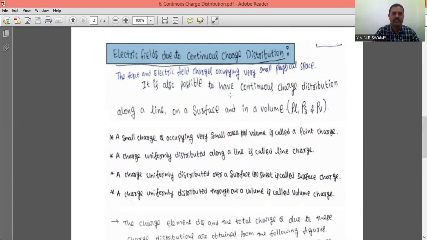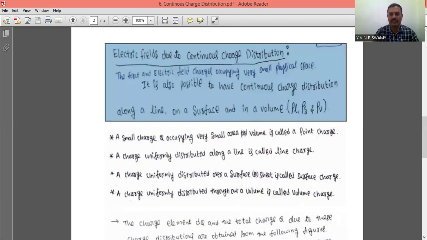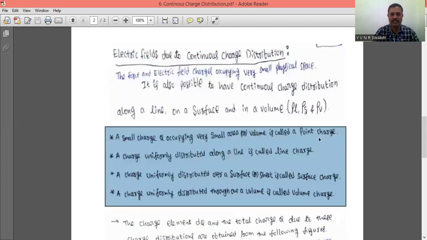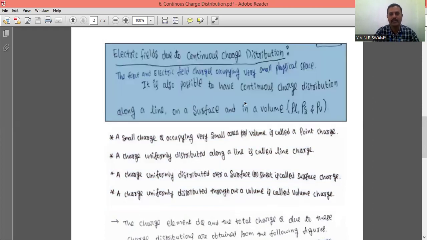Here, in the force and electric field discussion, the charges are occupying very small physical space. Now, it is also possible to have continuous charge distribution along a line, on a surface, and in a volume.